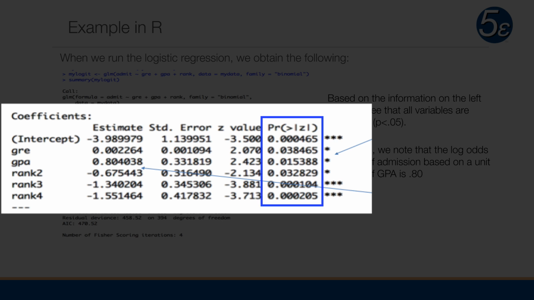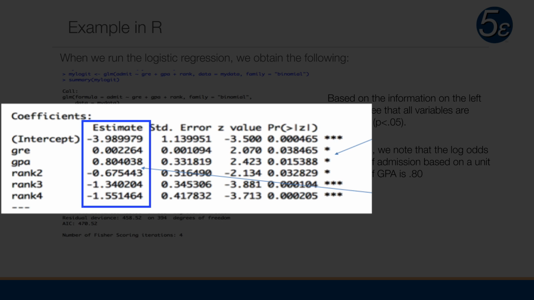Recall that the hypothesis test is done for each of the variables, such that the null hypothesis is that the beta coefficient is equal to 0, and the alternative hypothesis is that the beta is not equal to 0. So therefore, when p is less than 0.05, we state that we have enough evidence to support the fact that the beta coefficient is not 0, and thus it's significant.